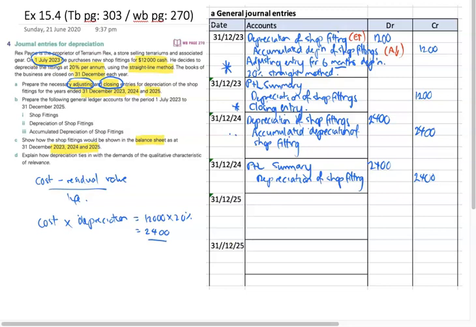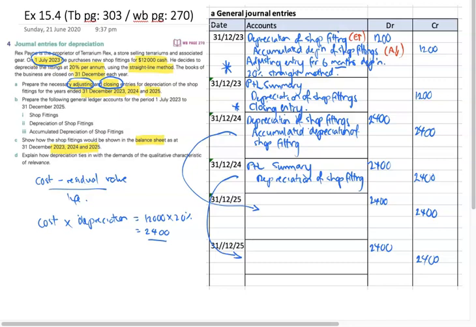You're going to pick this up and record this here, and pick this one up and record it here, because there's been the same 12 months of depreciation. $2,400 of depreciation of shop fittings, $2,400 of accumulated depreciation of shop fittings, and then we're going to close that off to our P&L summary and make our expense account back to zero.